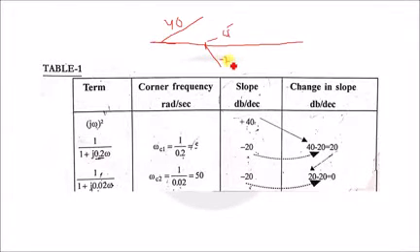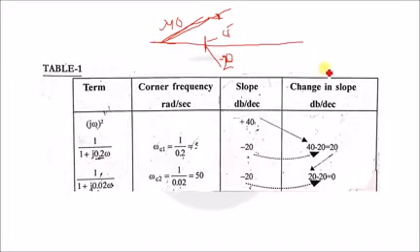Just imagine that on the top side it is positive and on the down side it is negative. The line was running with plus 40 dB per decade previously. When it reaches here, it adds minus 20 dB. So it should not go like this, right? It has to subtract 20 dB.